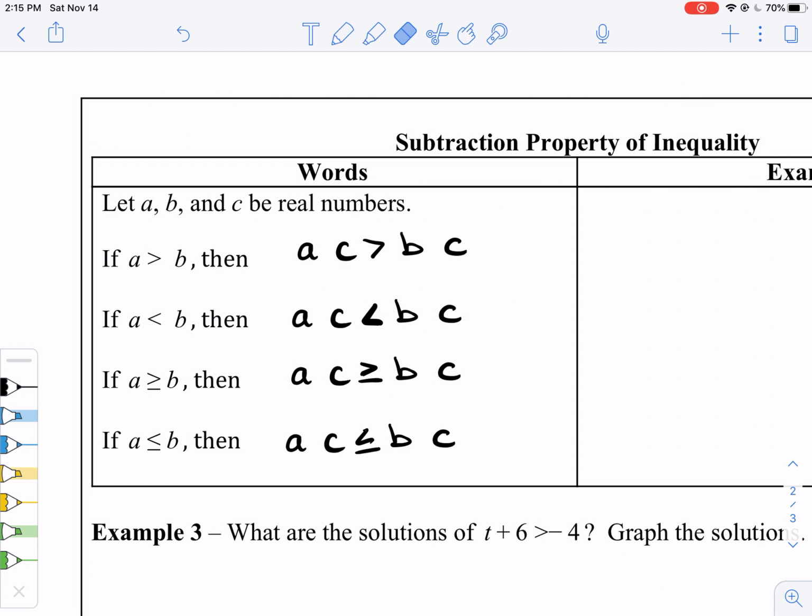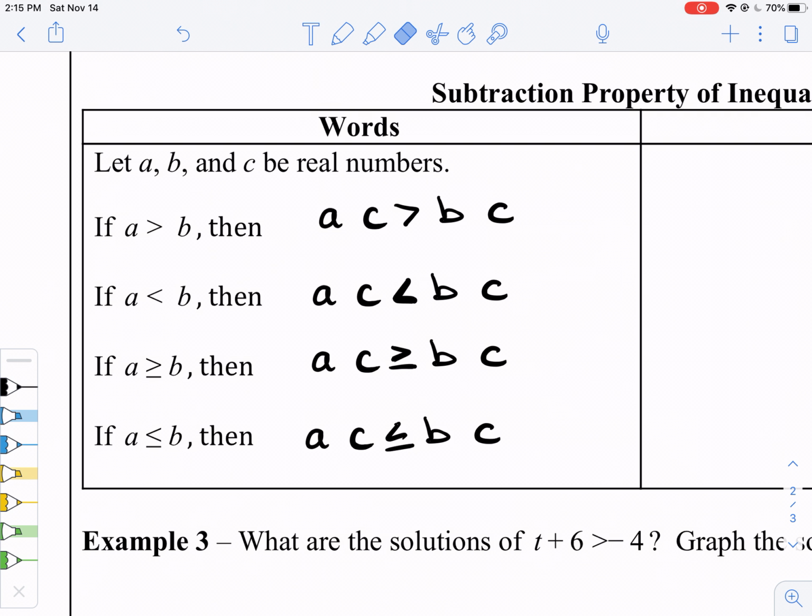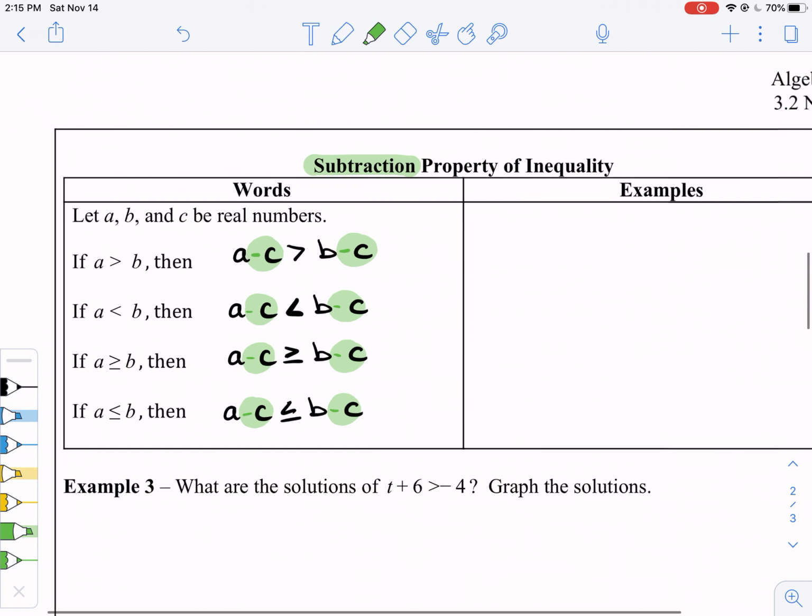Okay, so the subtraction property of inequality states that if you have a, b, and c, and if a is greater than b, then a minus c is greater than b minus c. Basically, subtracting the same number from both sides is not going to change your inequality, whether it's greater than, less than, greater than or equal to, or less than or equal to.